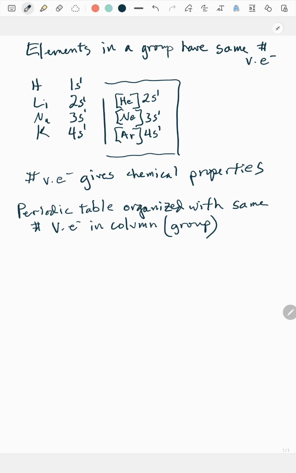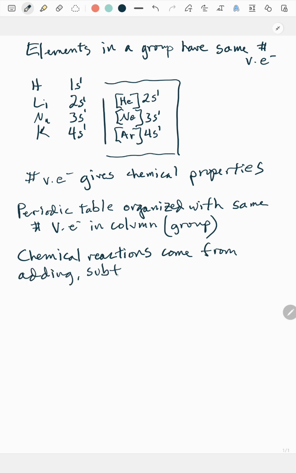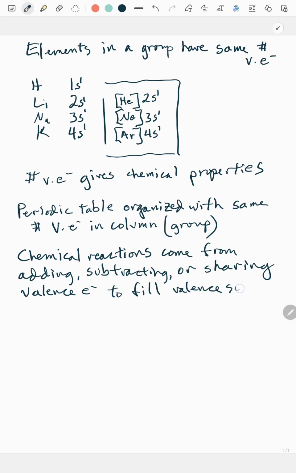It turns out that chemical reactivity, that is, chemical reactions, come from adding, subtracting, or sharing valence electrons to fill valence subshells.